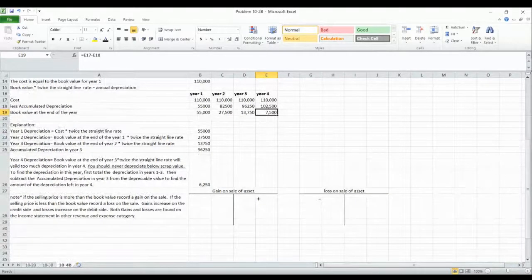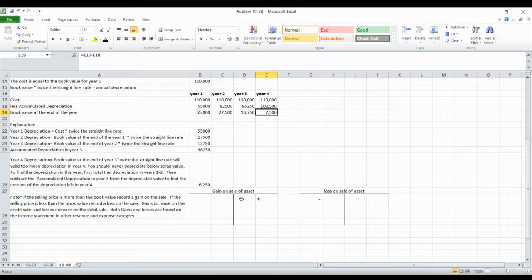At the bottom of this spreadsheet, I put a note about the journal entries. If the selling price is more than the book value, you will record a gain on the sale. The gain on the sale of the asset in T account form will increase on the credit side because it's treated like revenue.